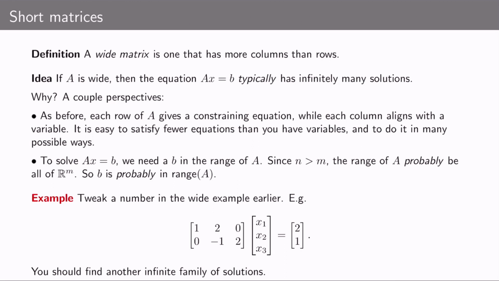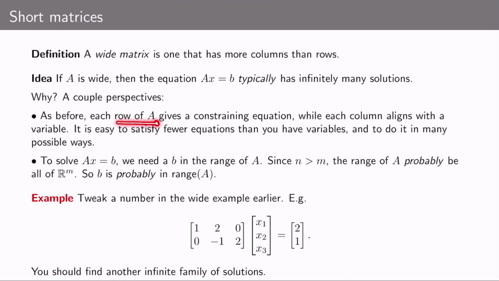Now for wide matrices. So a wide matrix is one that has more columns than rows. So in other words, it looks wide. Now, if A is wide, the heuristic here is that AX equals B will typically have infinitely many solutions. Again, let me explain why with a couple of different perspectives. So the first perspective is, as before, thinking of every row of A as an equation.